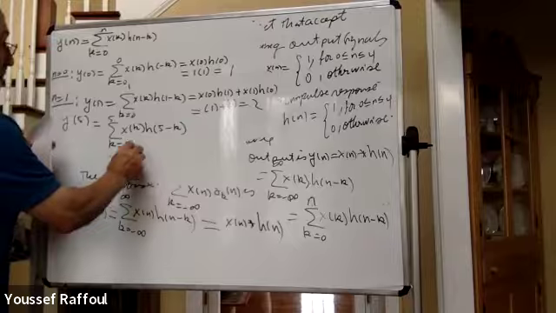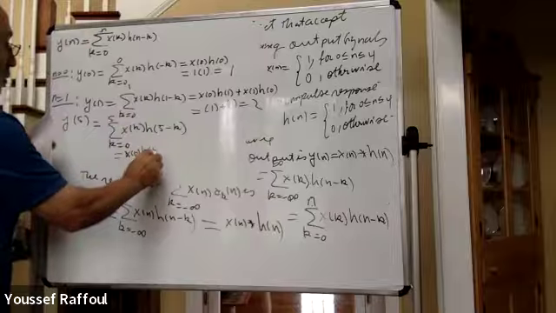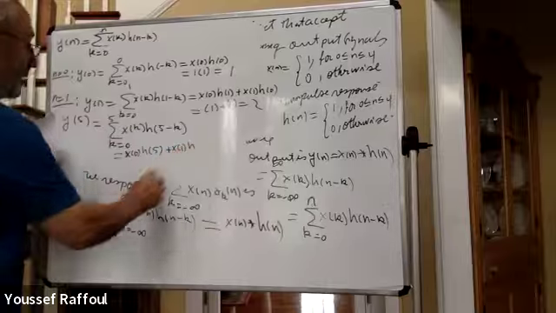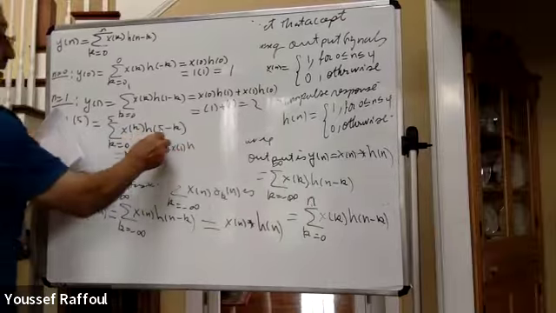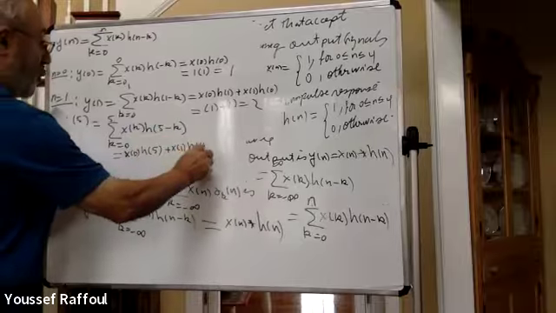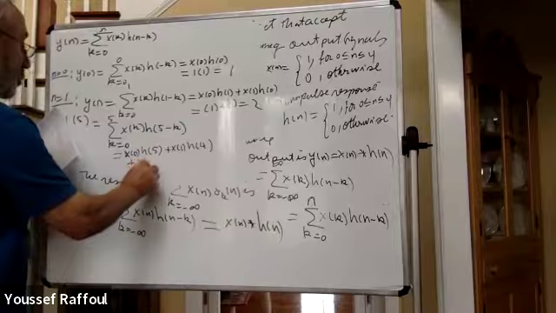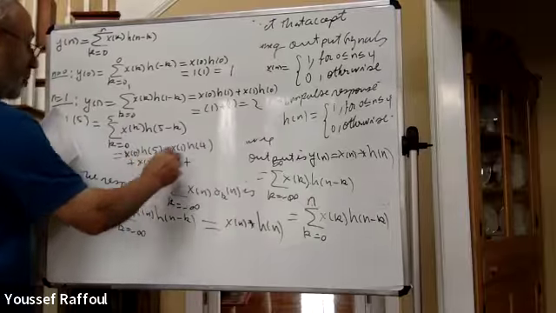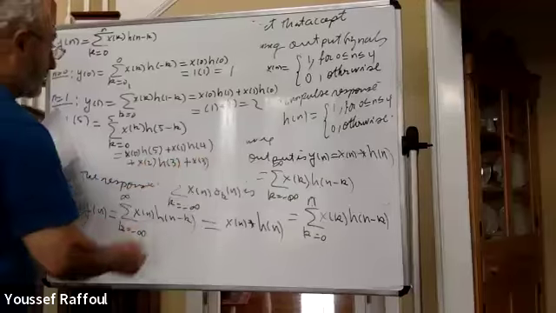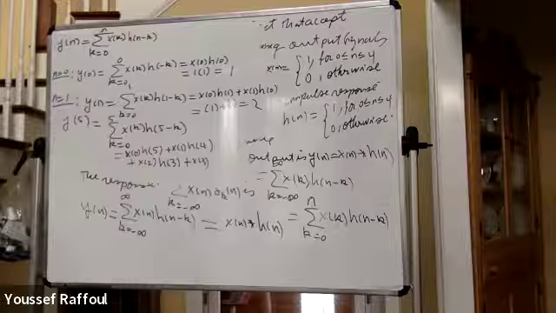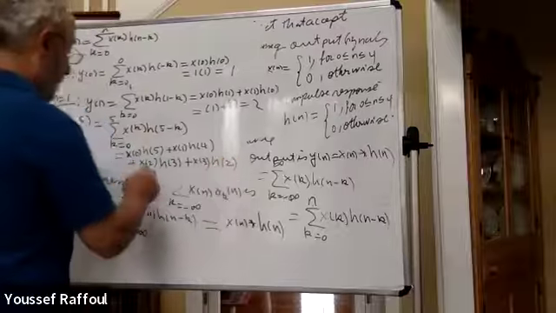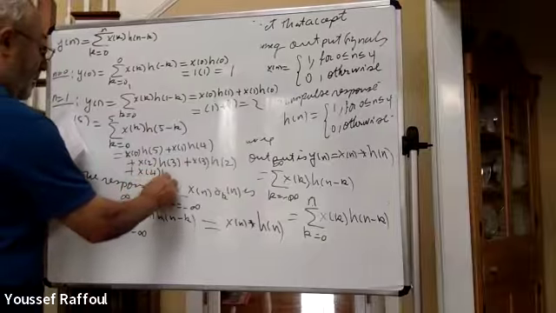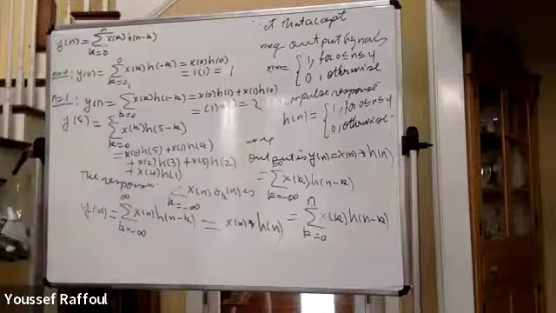And that is x of 0 h of 5 plus x of 1 h of 4 plus x of 2 h of 3 plus x of 3 h of 2 plus x of 4 h of 1, and the rest are 0.